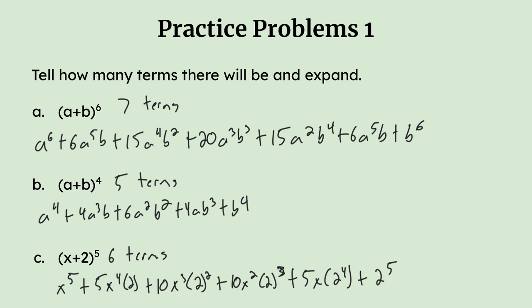So right above we have x to the fifth plus 10x to the fourth plus 40x cubed plus 80x squared plus 80x plus 32.